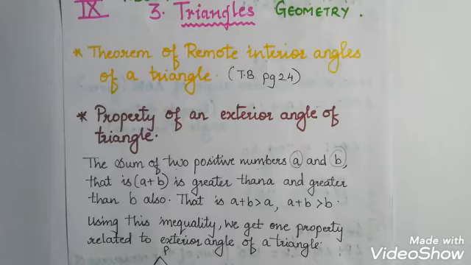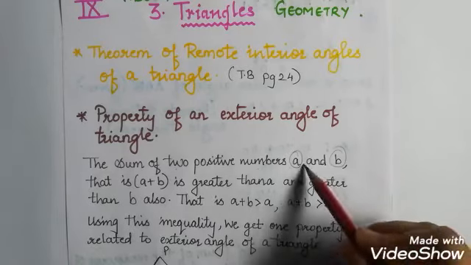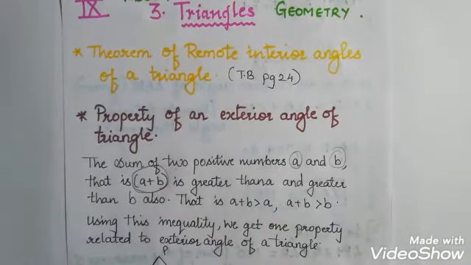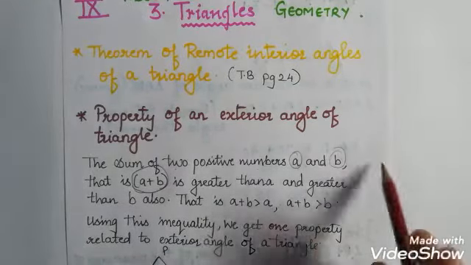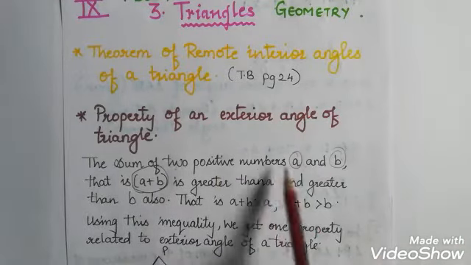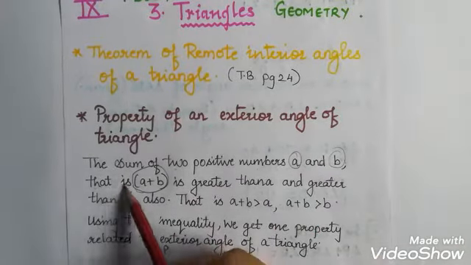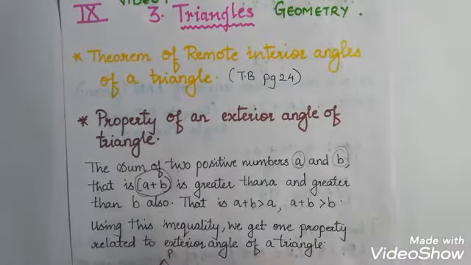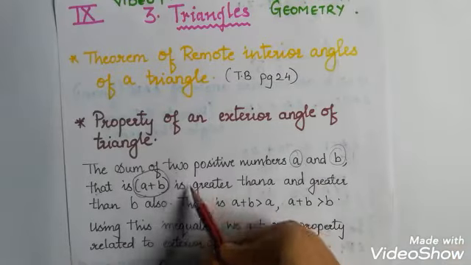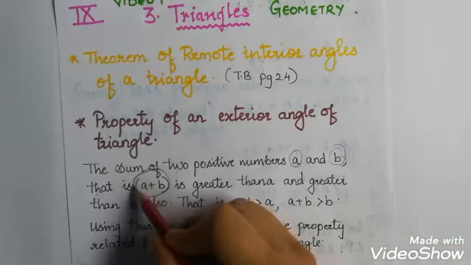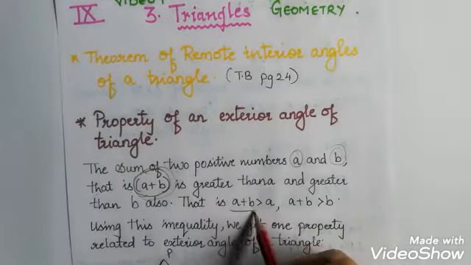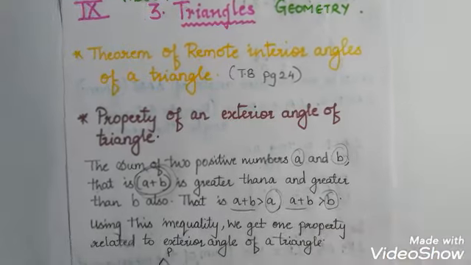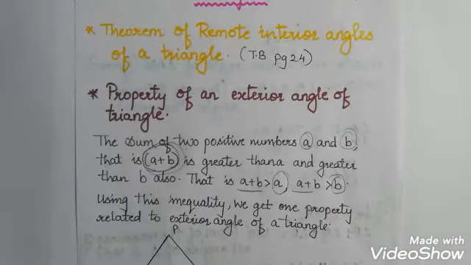When you add the two positive numbers, we get a plus b. The sum of two positive numbers a and b, that is a plus b, is greater than a and greater than b. That means a plus b will be greater than a, and also a plus b will be greater than b. So that is a property of an exterior angle.